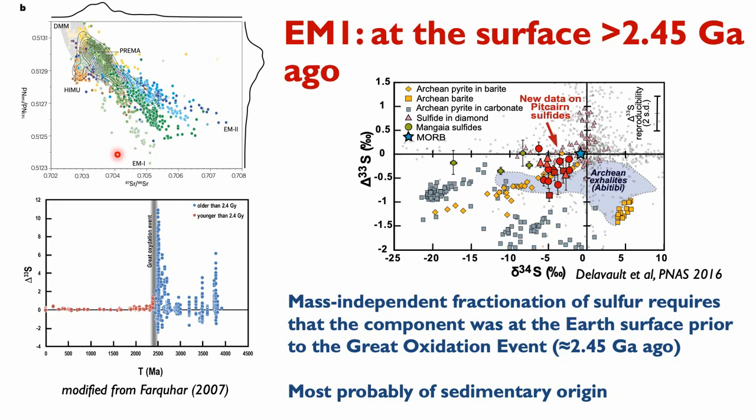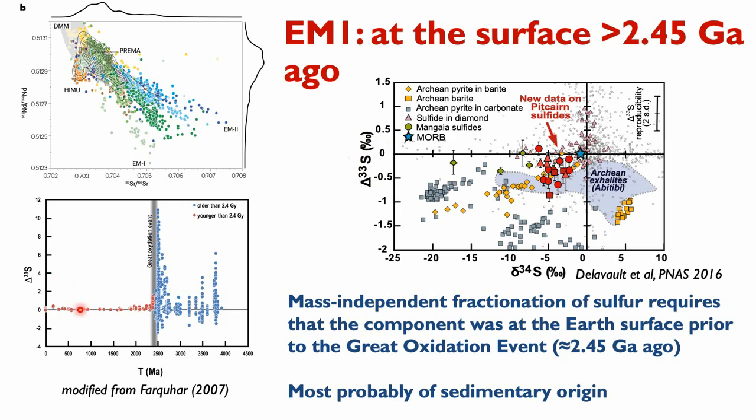This information has been provided by a stable isotopic system, which is called sulfur isotopes, and there is a measure of a deviation of the sulfur-33 compared to the behavior of the other sulfur isotopes, quantified as this cap 33 sulfur.